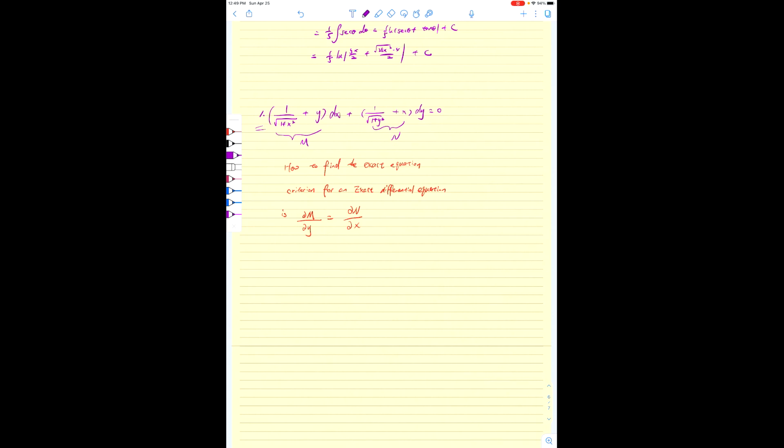Okay, this is the problem that a lot of students, including me, struggle with a lot during the differential equation recitations. And the key idea here is very simple.